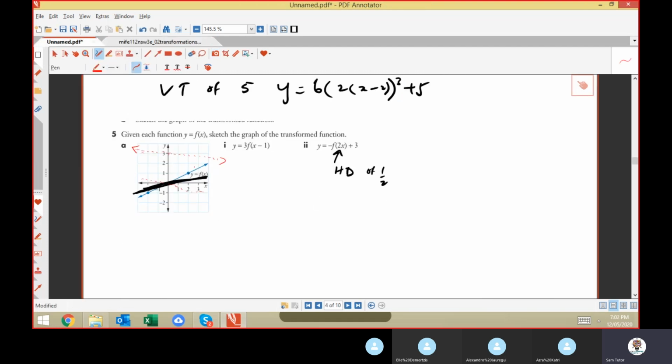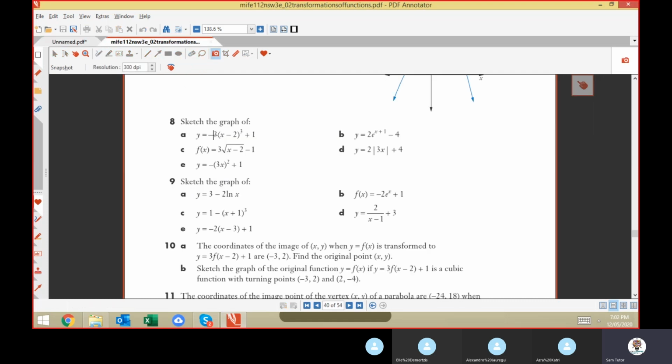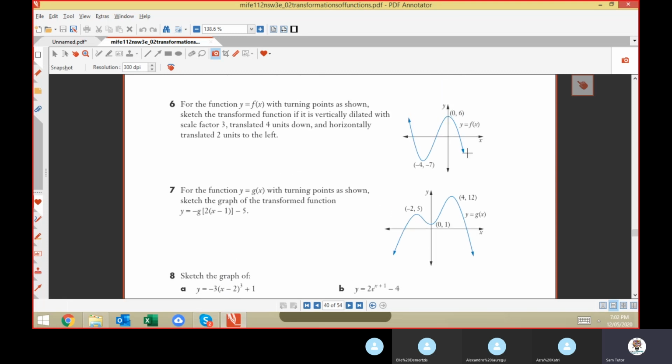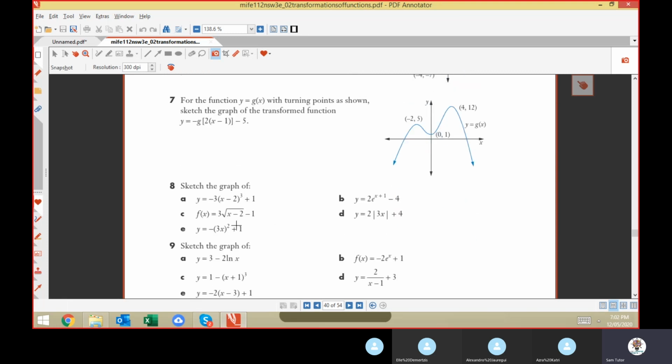Obviously, they're giving you grid lines and everything, so you can be a little bit more accurate. With the 3 here, you can't really draw that. You can probably draw it a little bit more steep, but come on, think about all the students. That could have been times by 3, and you wouldn't have told the difference. So, anyways, with the negative, you're just going to flip it, and then plus 1, you're going to go up 1.